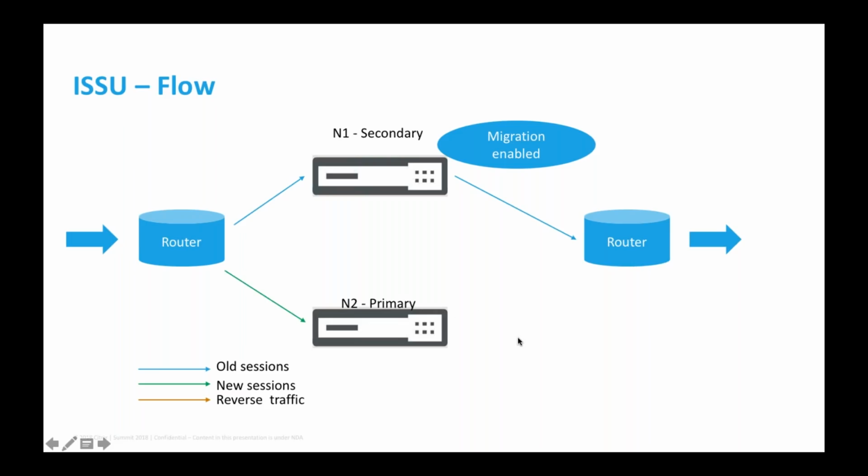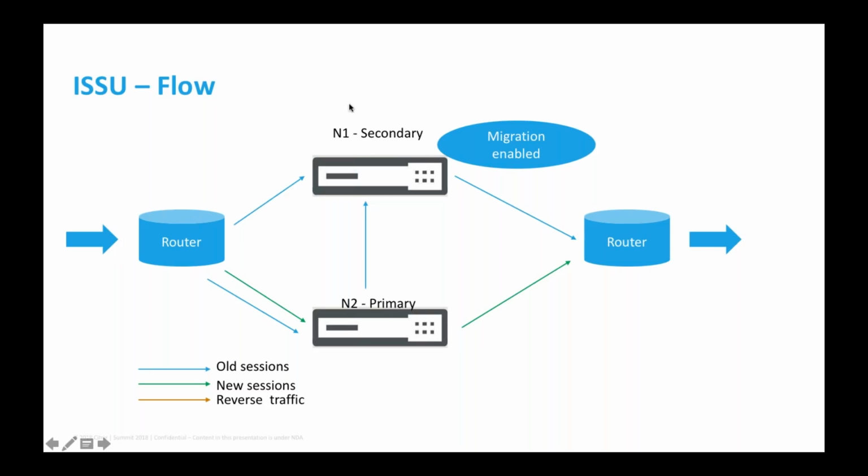So the green line here indicates new sessions. New sessions now land on N2 and go to the backend, while the old sessions will still be handled by N1, which is now the secondary.